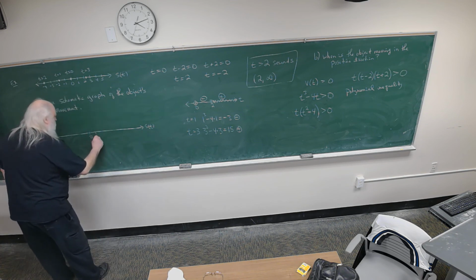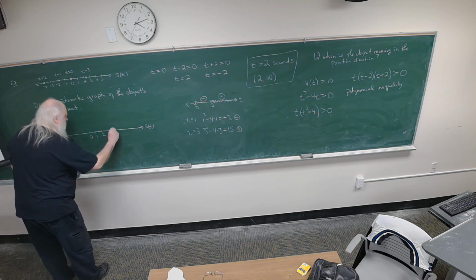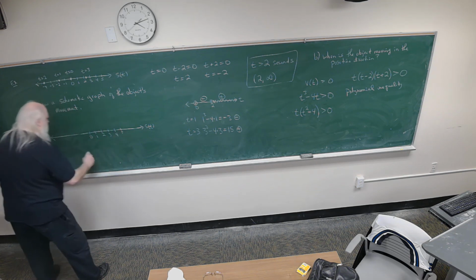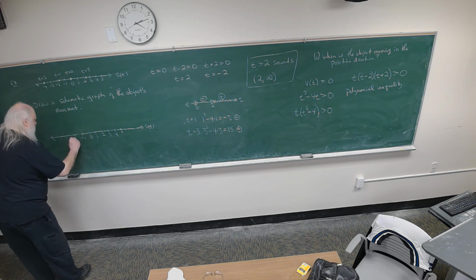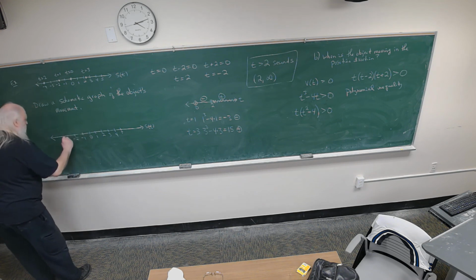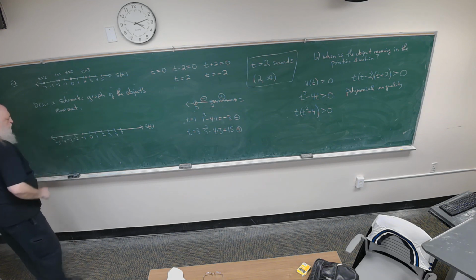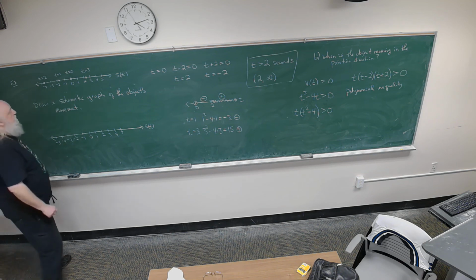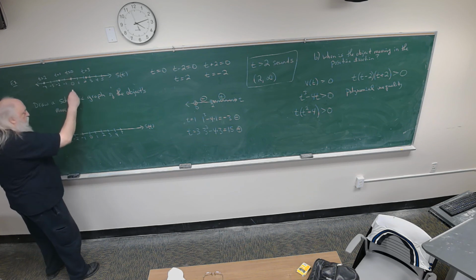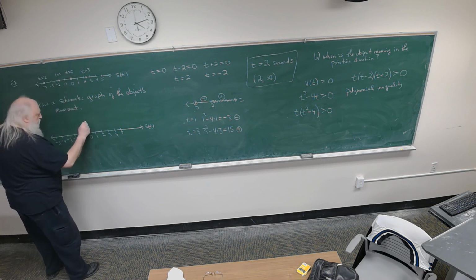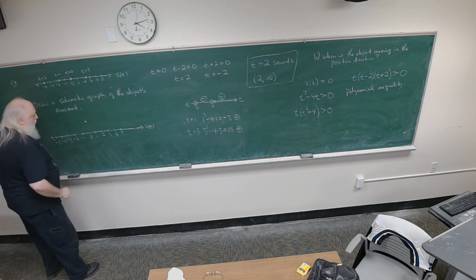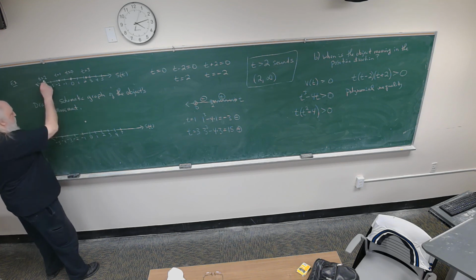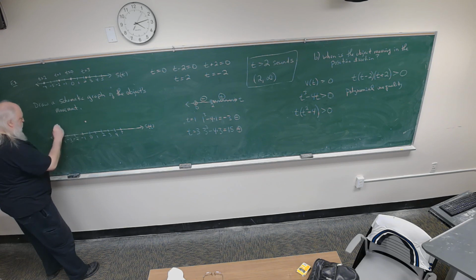So here's 0, 1, 2, 3, 4, 5, minus 1, minus 2, minus 3, minus 4, minus 5. And I'm not going to draw on the number line, because if you just draw stuff back and forth on top of the number line, you can't make anything out. But at t equals 0, we're at position 0. And then at t equals 2, we're at position minus 4.